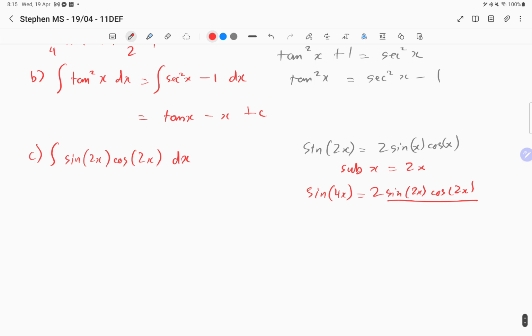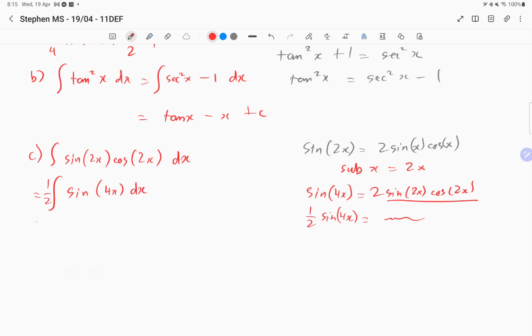And then you want just this thing, so you divide both sides by 2. So half of sine 4x equals sine 2x cos 2x. Remember, the idea is you get rid of any products of sine and cos and turn it into one sine or one cos, so you can antiderive just sine of a linear function. So that's 1/2 the antiderivative of sine 4x dx.